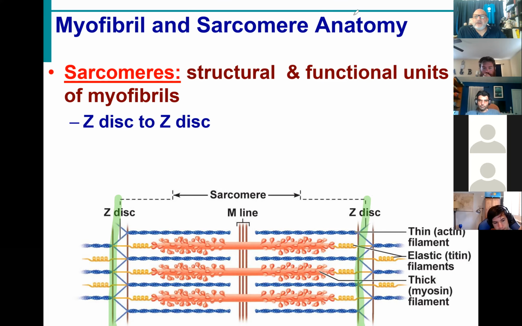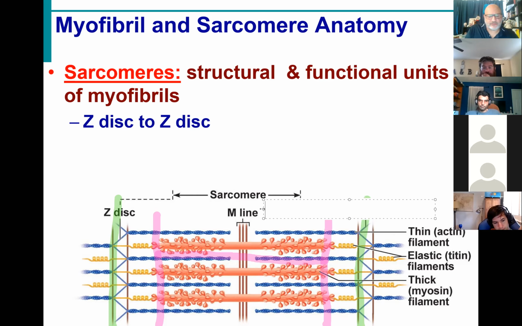And notice that some areas have more proteins in them. Typically the area that has the myosin in it has more proteins in it. And so that is typically what we see as the dark stripe. The area that contains the myosin. Now remember, way over here is another myosin filament in this one.